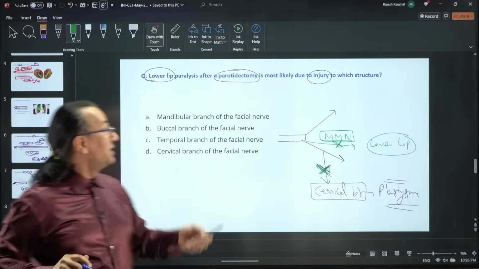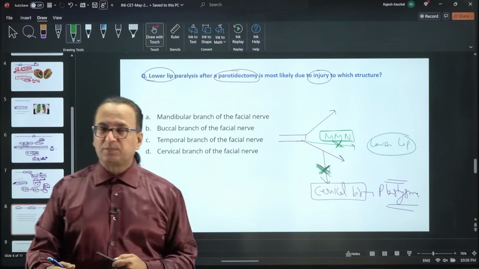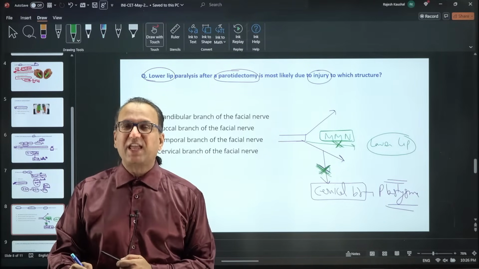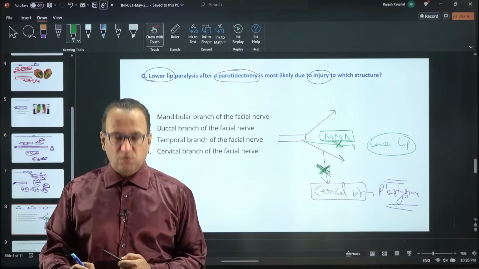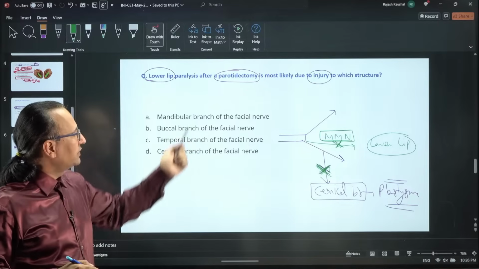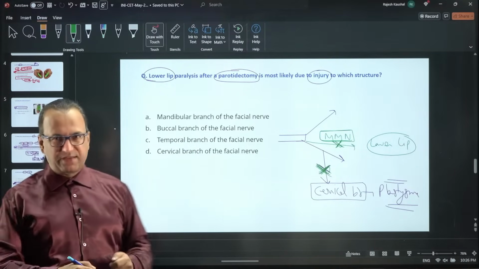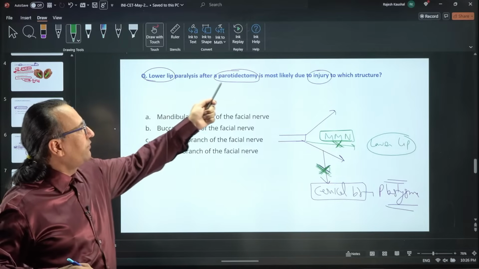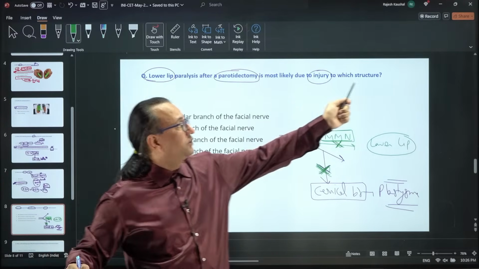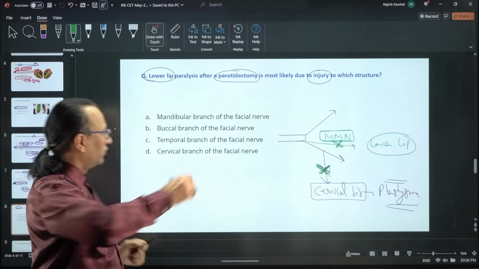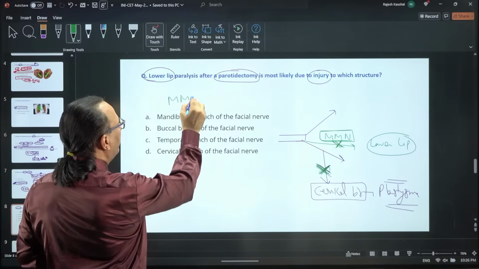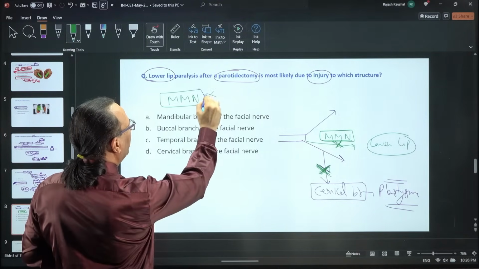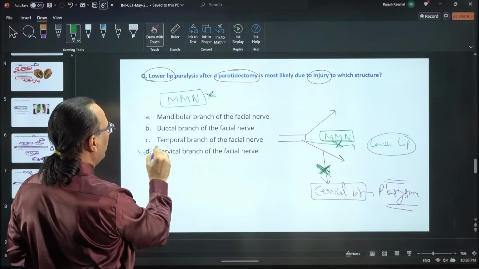So be careful. The examiners are very smart, very shrewd people, and they know how to take out wrong answers from you. This is not a very difficult question as such, but still, lower lip paralysis after parotidectomy is injury to which structure? Best answer would be the marginal mandibular nerve. But if the marginal mandibular nerve is not given, you still have to mark your answer.